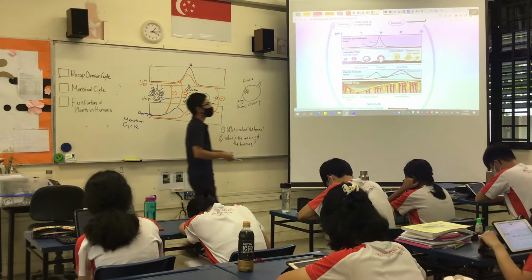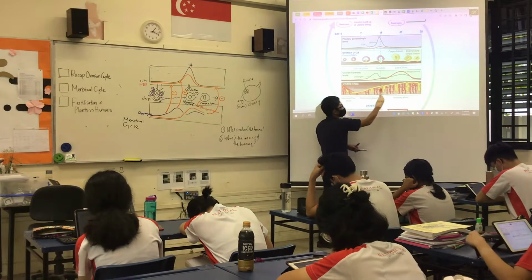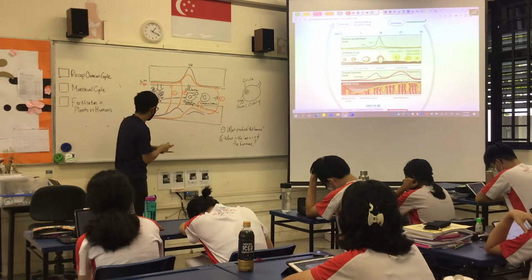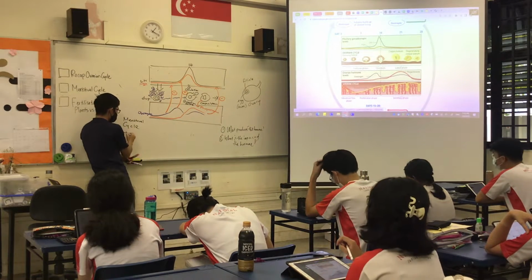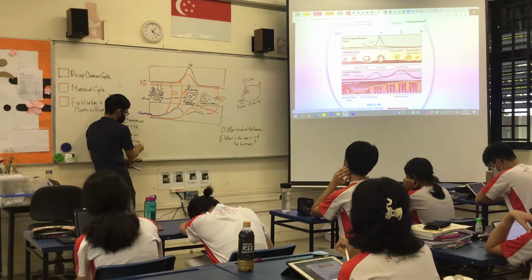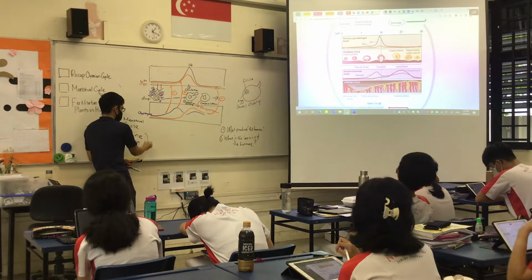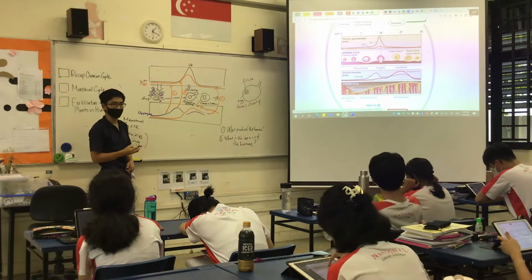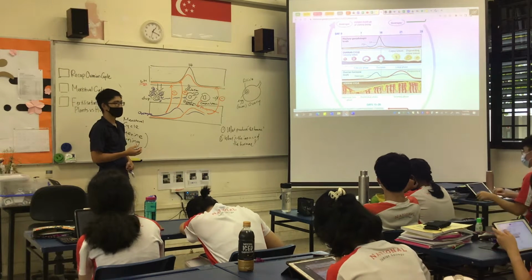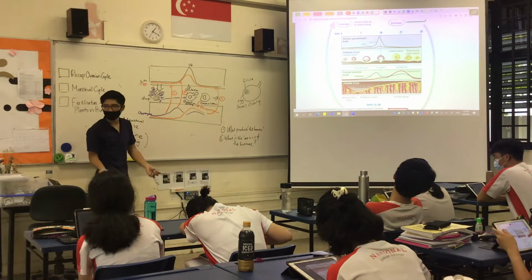You may be wondering, what is this being shown over here? This structure being shown here, you can write it down, is the uterine lining. That structure that's being drawn. What is the uterine lining?